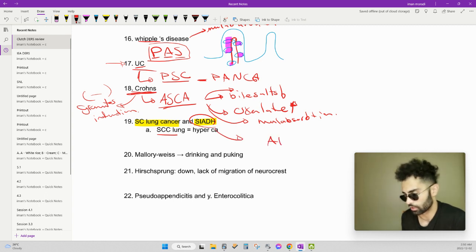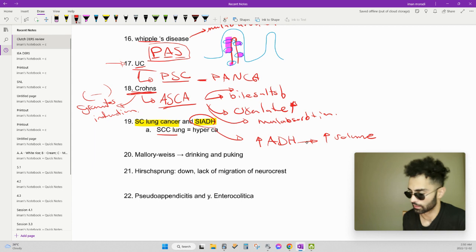Now the other thing I want to talk about is SIADH. You have high ADH, antidiuretic hormone, so you're not losing any water. If you're not losing any free water, you have high volume. When you have high volume, I think that inhibits your renin system, and thus you end up losing a lot of sodium.